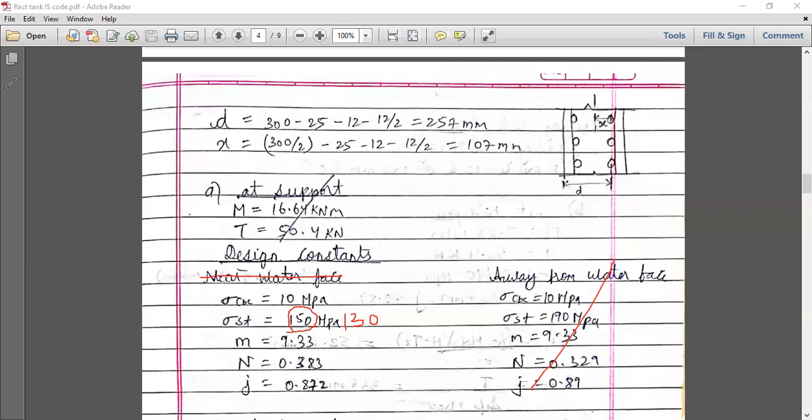So now give me the value of modular ratio, neutral axis constant, lever arm constant. M is 9.33. Okay, M is the same. Correct. So give me the value of neutral axis constant and the lever arm constant.